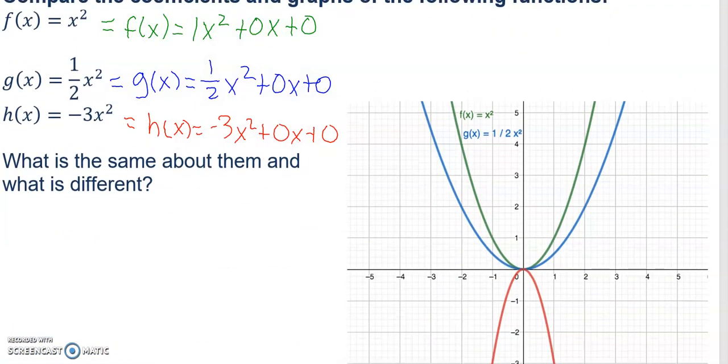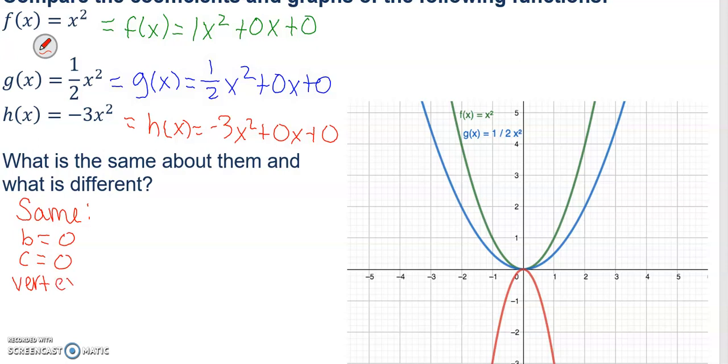So what are we noticing might be the same and different? Well, the same are our b values. So b is equal to 0 and c is equal to 0. So our b values and our c values. Also, what is the same is the vertex.